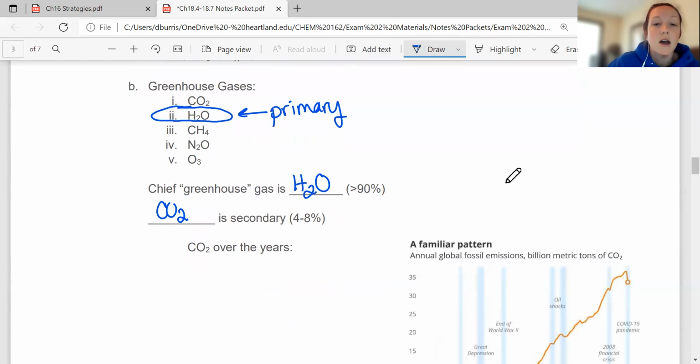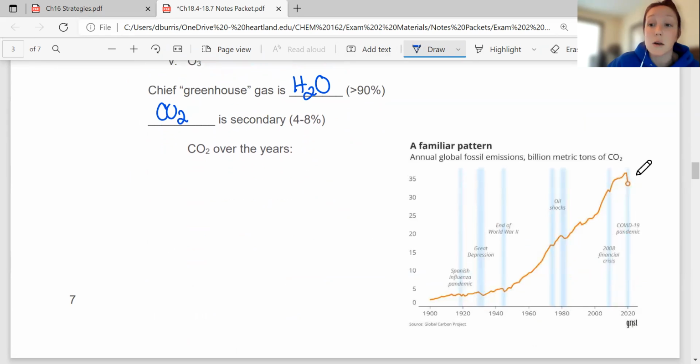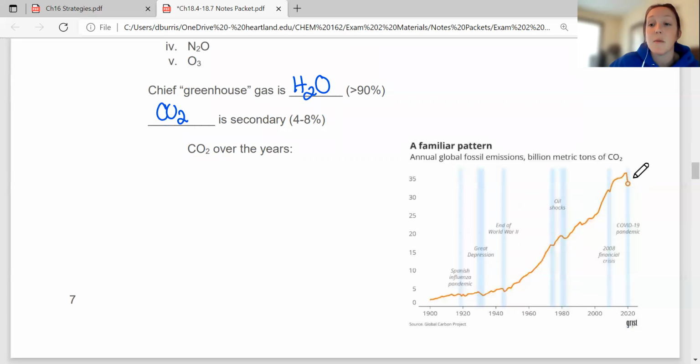That's there anyway. So a lot of the time you see this graph here that shows our CO2 emissions over the years. And yes, this is alarming, right? We've gone from the 1900s, when we started the Industrial Revolution and all of that, up to where we are now. Very, very high amounts of carbon dioxide. And you might have noticed it dipped a little bit because of the pandemic and people weren't going as many places, and that was natural to happen.